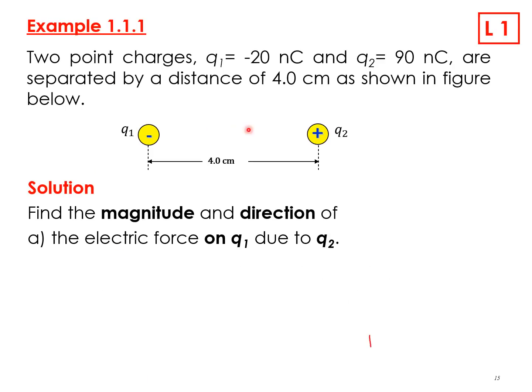Let me see how we want to handle this type of question. Example 1.1.1 part A asks you to find the magnitude and the direction of the electric force on Q1 due to Q2. Remember that the electric force is sometimes known as the Coulomb force or the electrostatic force.